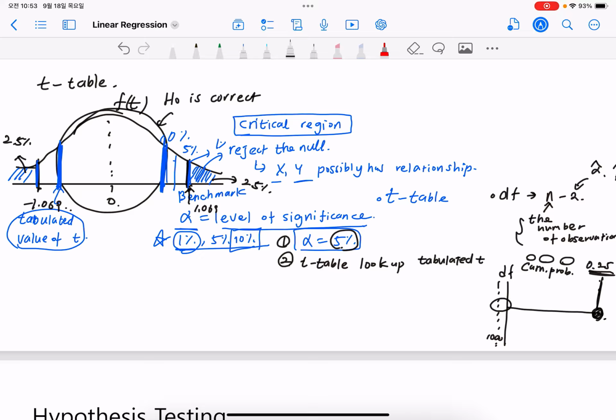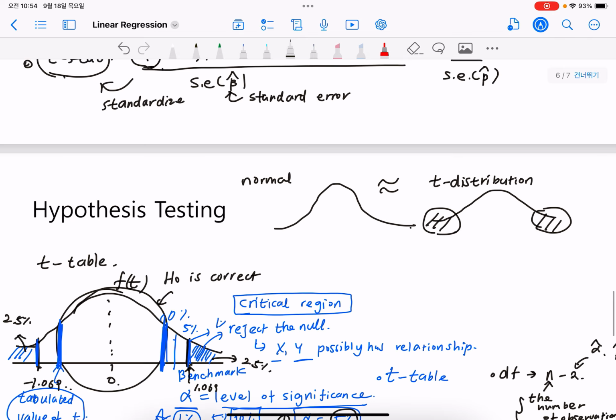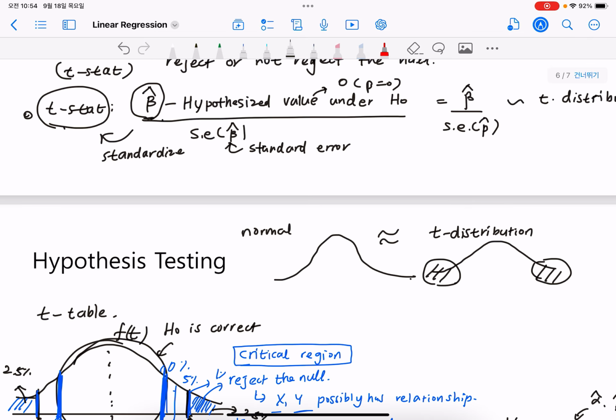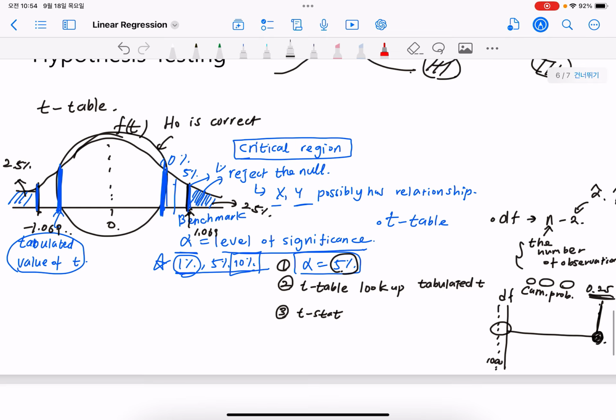Okay. So once you decide what the tabulated value is, then you can calculate the t-statistics that I have shown you, which is beta hat over the standard error of beta hat.